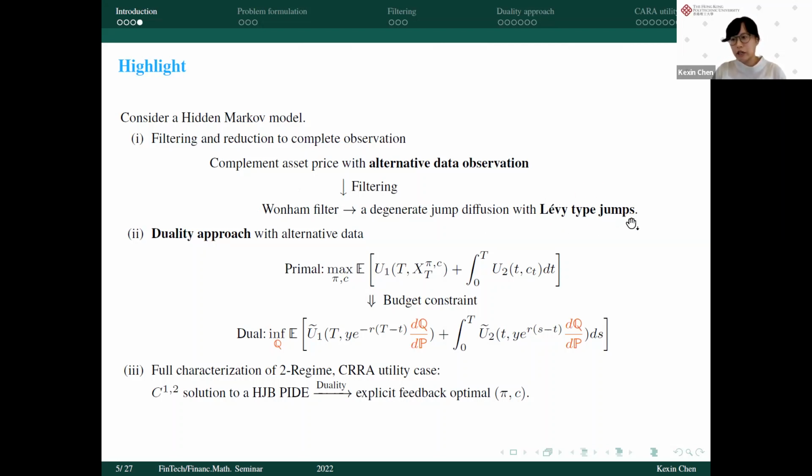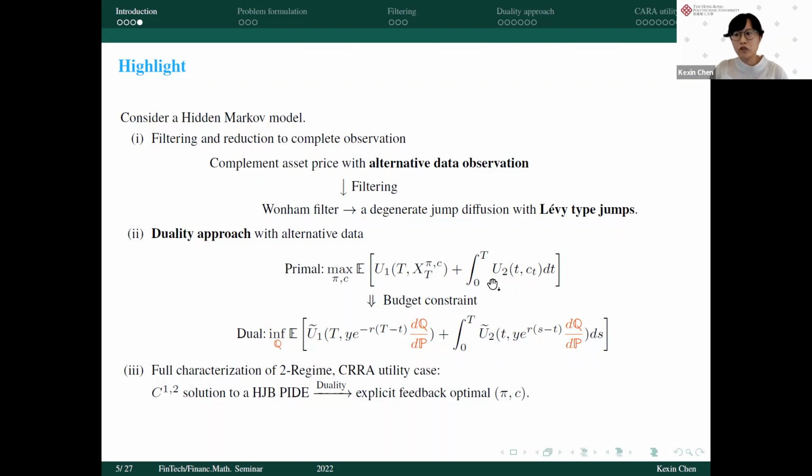And these Lévy-type jumps, in fact, introduced remarkable analytical challenges to the corresponding stochastic control problem, and to resolve the difficulties, we developed a novel duality approach with alternative data, and we linked the dual problem to an optimization problem over a set of equivalent local martingale measures, and devised a methodology to obtain the optimal solution with the alternative data filtering technique.